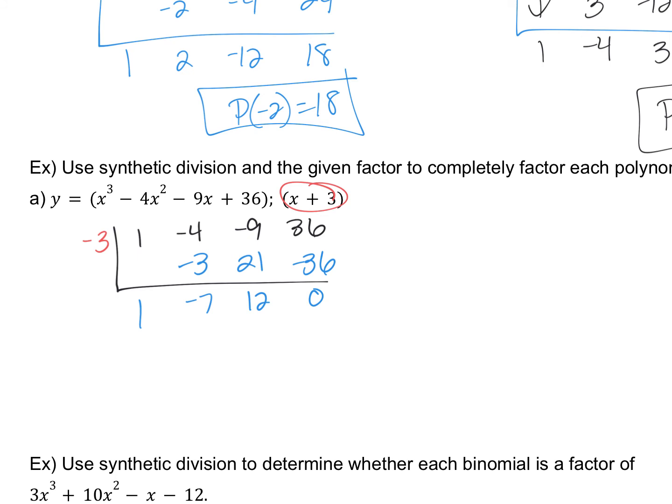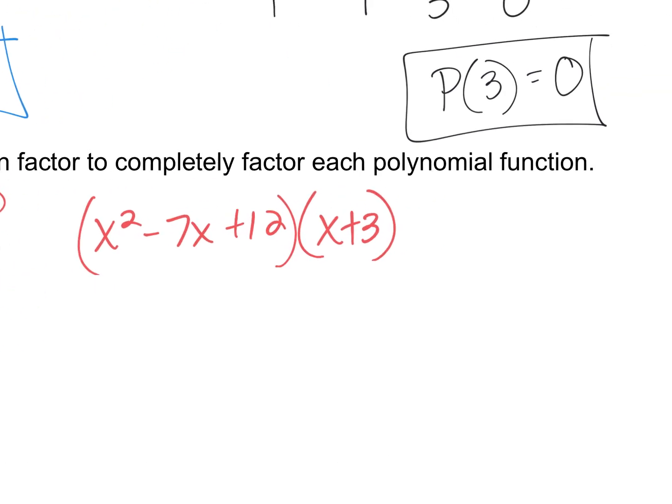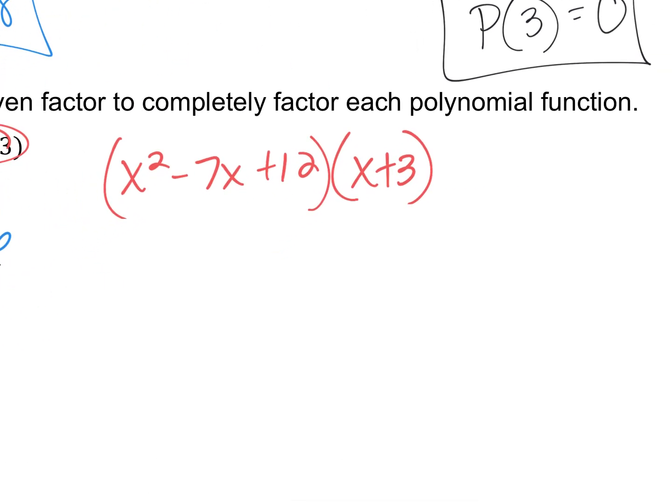So I can rewrite this as x squared minus 7x plus 12, right? And if I wanted to be fancy, I could say, all right, this is actually that times x plus 3, right? Okay, now I just need to keep factoring it.